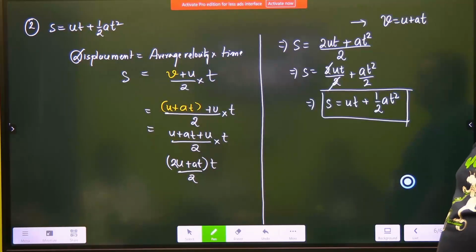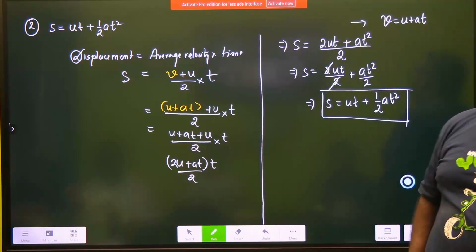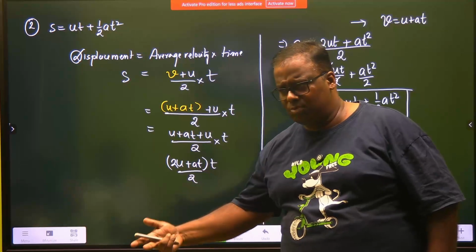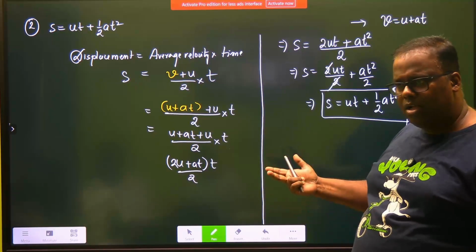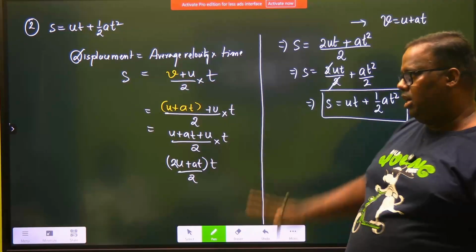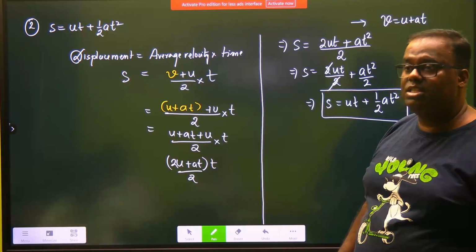Right? Achha. Next question. If I start pressing the brakes, will I cover more displacement or less displacement? Less displacement. I am going at 40 km/h. Means in every hour I am covering 40 kilometers. I suddenly applied brakes. That means acceleration is negative.